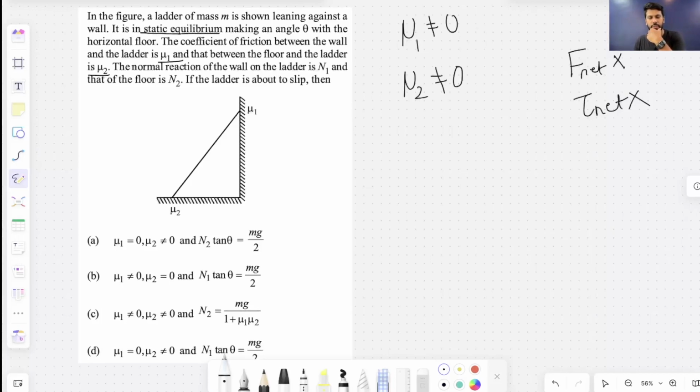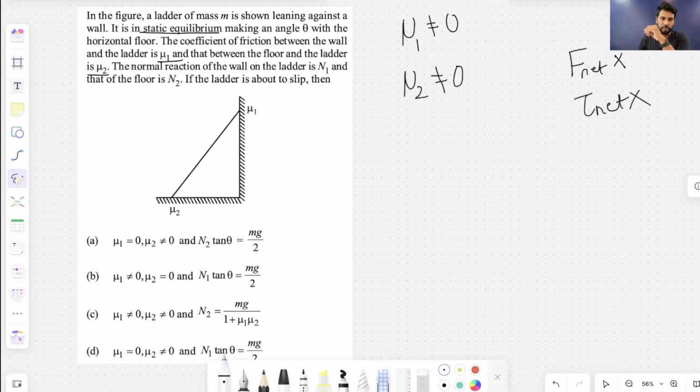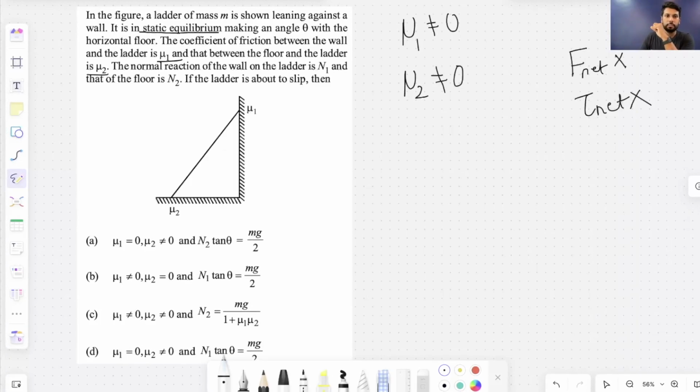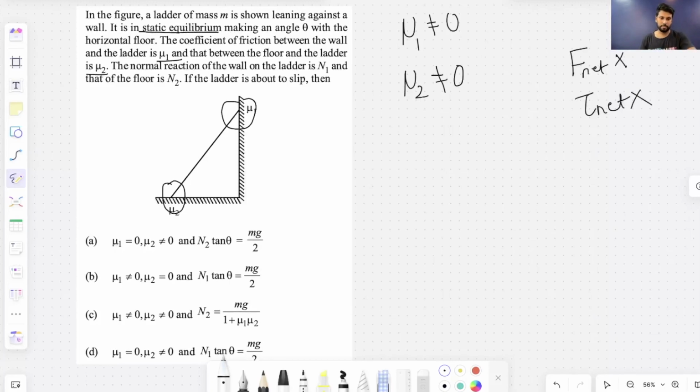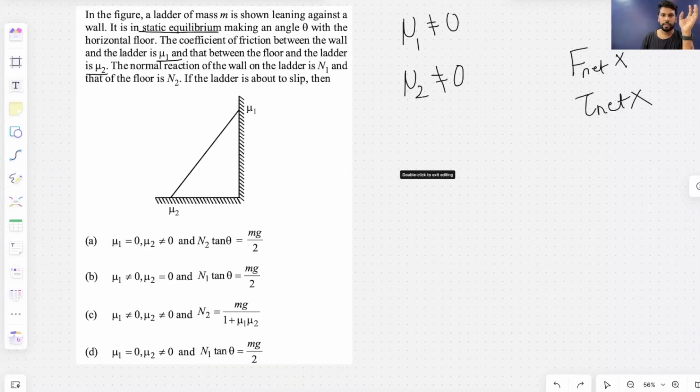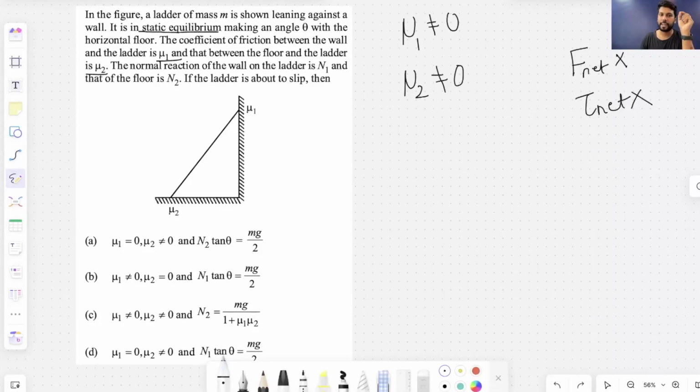Mu1 is not equal to 0, mu2 is not equal to 0. That means I have some amount of friction. Now I know that because of this friction, because of this contact, there is going to be a normal force. You see here, the ladder is in contact in two places. One is with the floor and the other one is with the wall. They both are in contact. Now the first basic force that I should bring in is the normal.